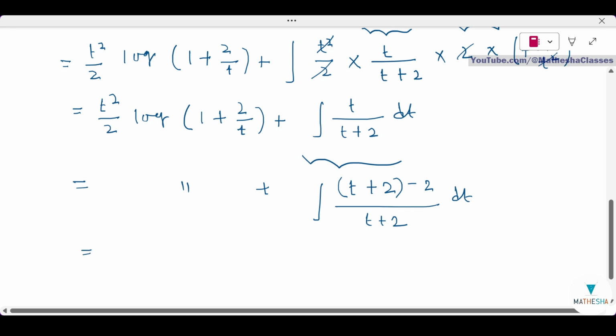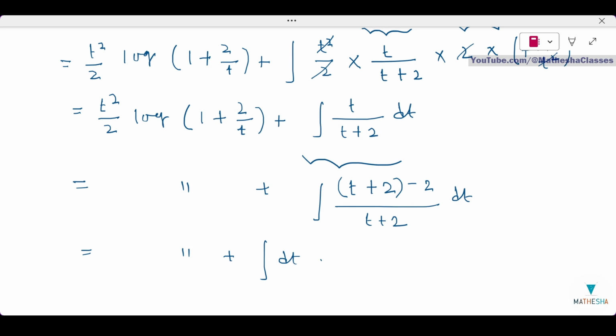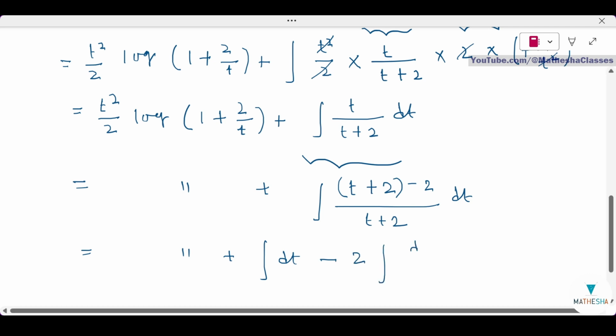So that would be equal to this plus integration dt, cancelling out t plus 2 from the first term, and the second term will be 2 times dt by t plus 2.